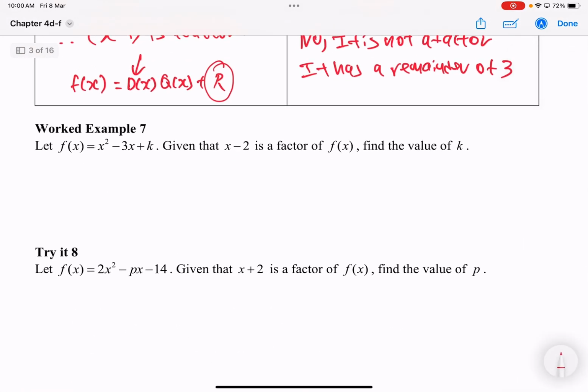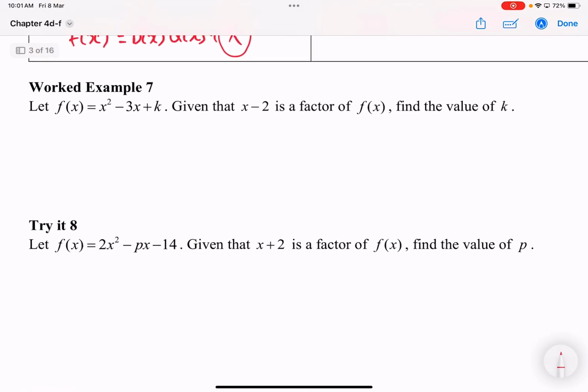Like I said, this chapter is actually very easy. Worked example number 7, they say let f(x) be this function. Given that x minus 2 is a factor of f(x), find the value of k. This is a very typical question, about 2 marks only.